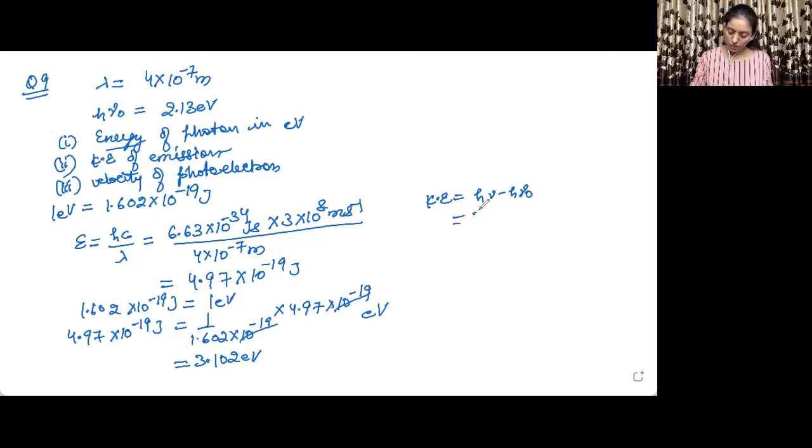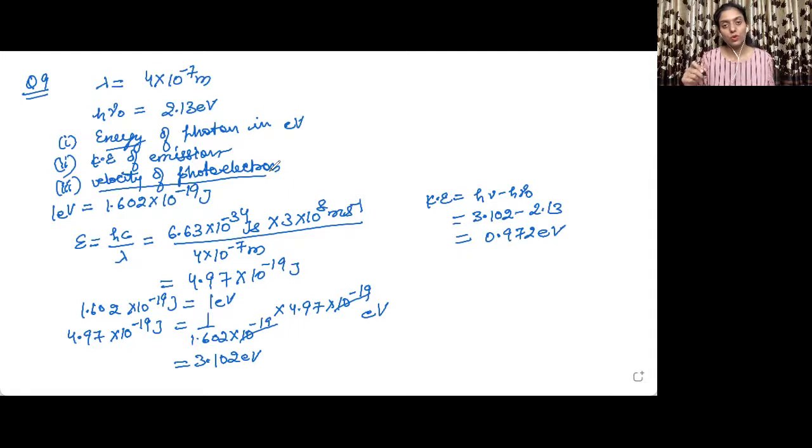So it will be 3.102 minus 2.13, which is equal to 0.972 electron volt.